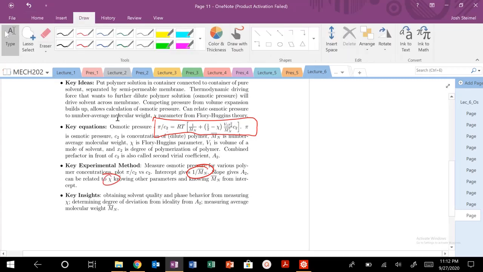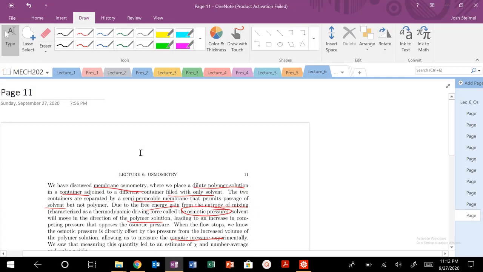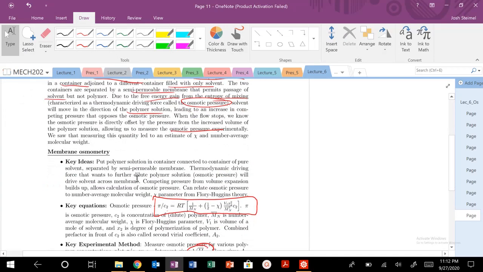This is the key aspect. Experimentally, from one series of measurements, we can get this and we can get chi, all in one shot. So it's a really cool, really powerful measurement. And yeah, that's about it for membrane osmometry.